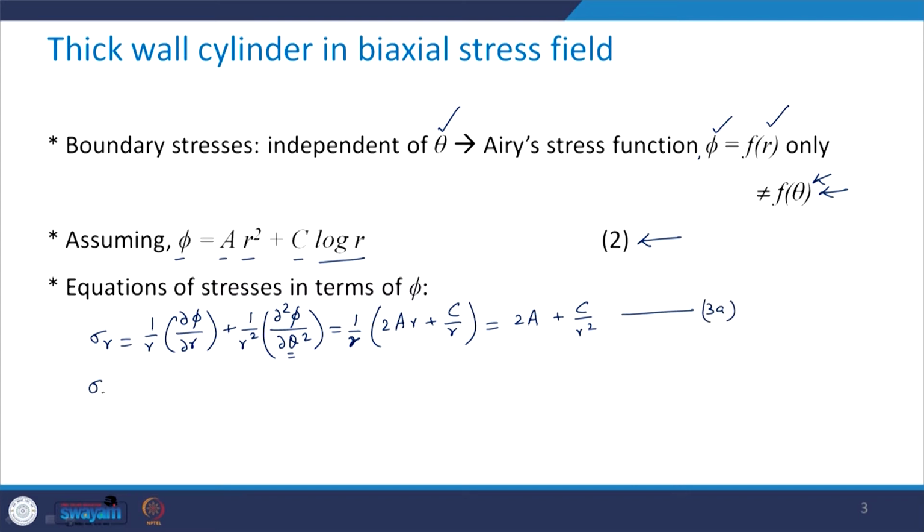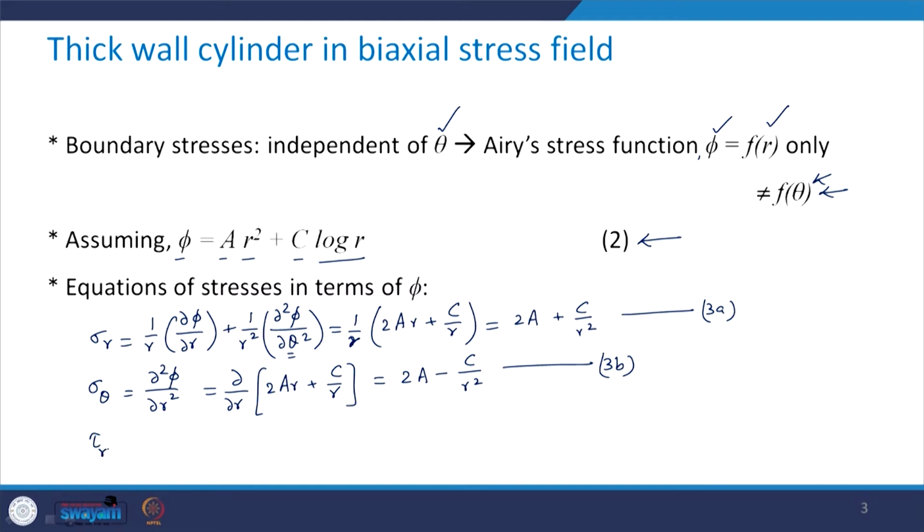Then sigma theta equal to del 2 phi del r2, which is equal to del del r of phi differentiated once, that is 2ar plus c upon r. Then I have to differentiate it again, so this will be 2a minus c upon r square. That's equation 3b.